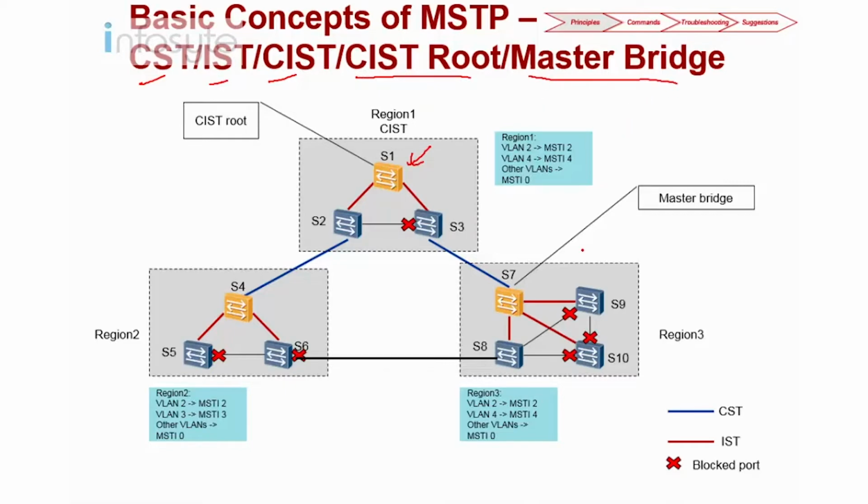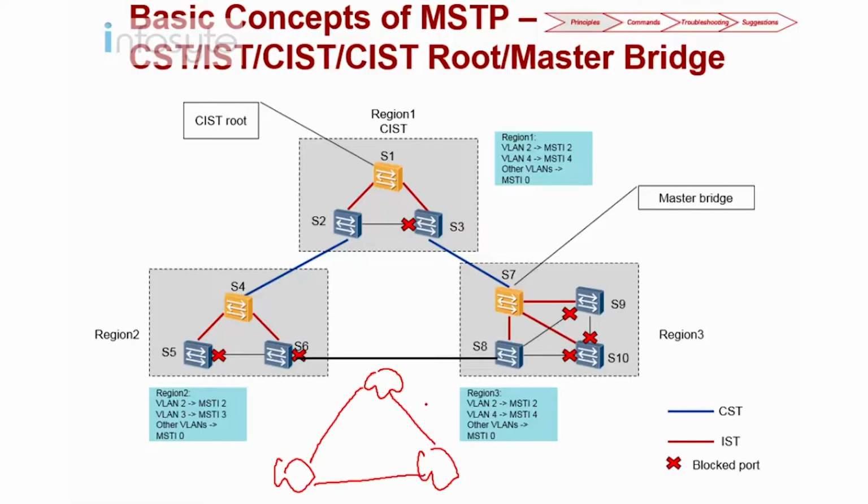Now if we look into this diagram, let me draw it again. I have 3 different regions that are connected together. As I mentioned, think of these as 3 different big switches. So I have a priority of 0 here, a priority of 4096, and a priority of 8192. Since you are the root, your root path cost is 0, and the port nearest to the root will then be forwarding. So here we have our common spanning tree. This is forwarding.